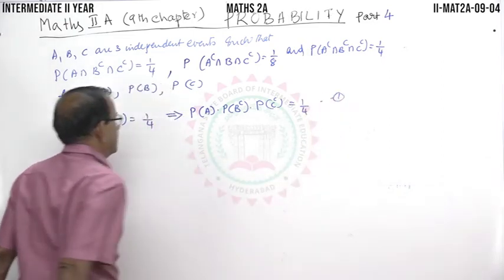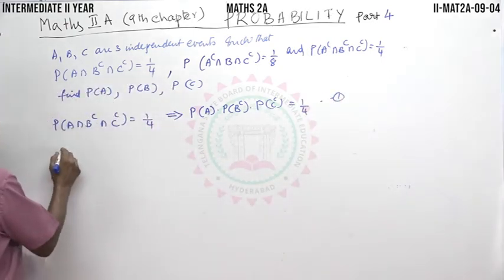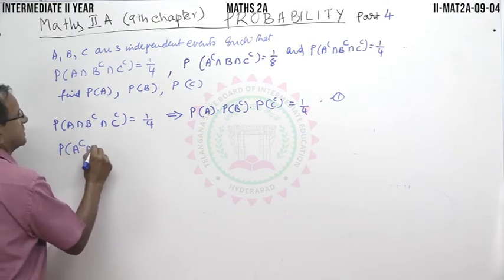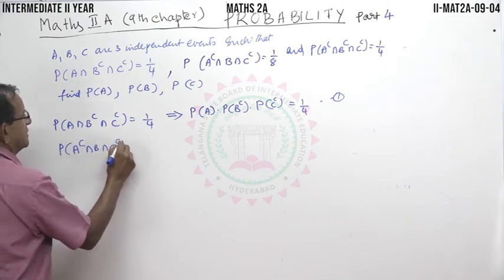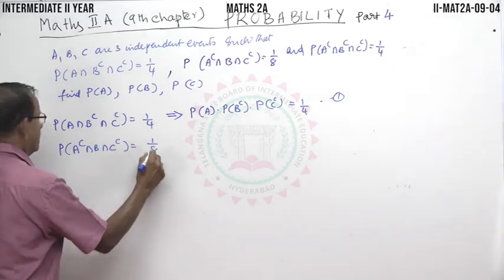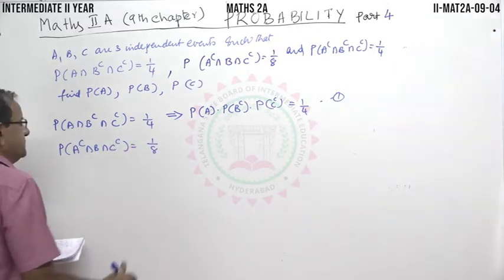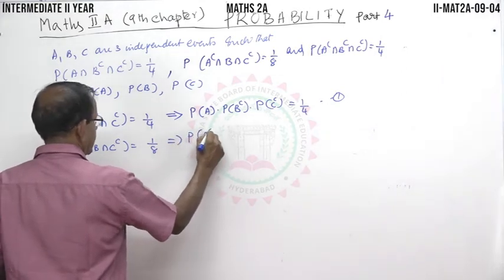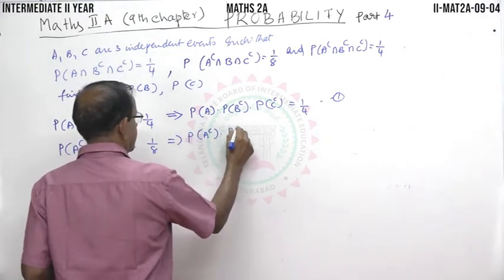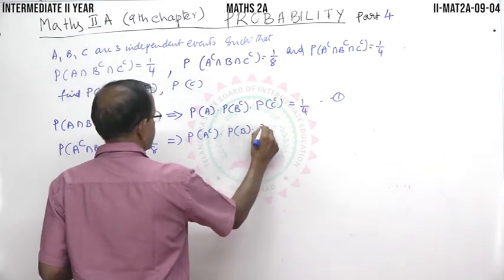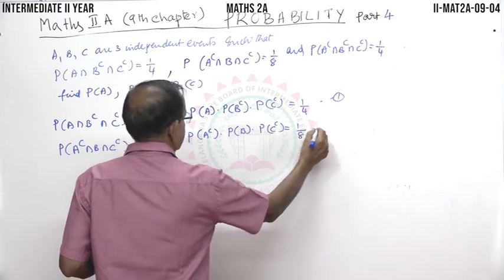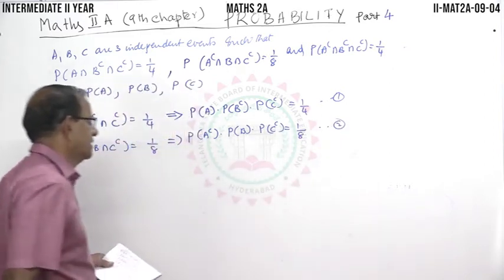Take it as 1. Now, the next one: P of A complement intersection B intersection C complement is 1 by 8. Implies P of A complement into P of B into P of C complement is 1 by 8. Take it as second equation.